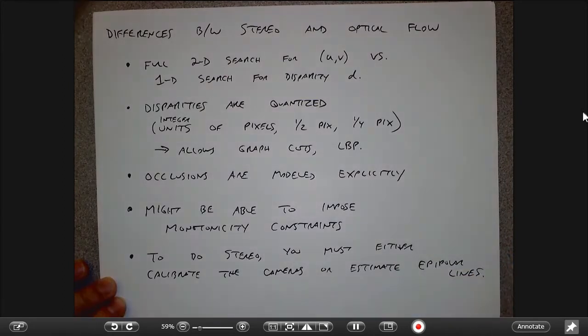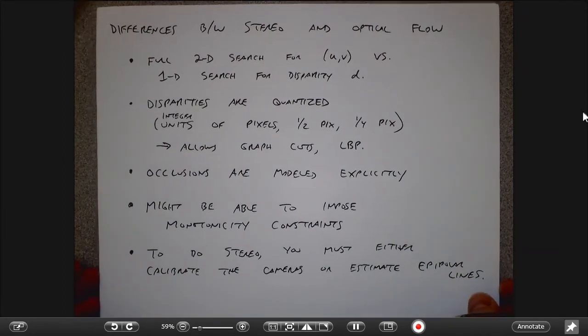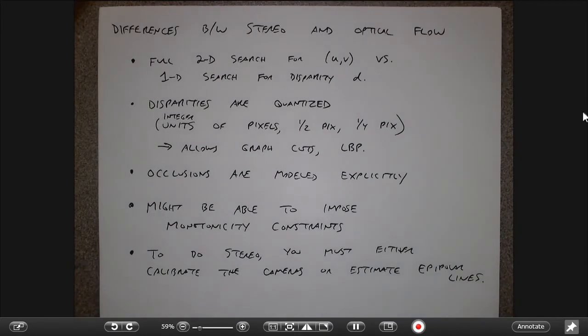What I mean by that is that when I do an optical flow algorithm, fundamentally I don't need to know anything about how the cameras that took the images were related. But for a stereo algorithm, I need to be able to rectify the images, meaning that I need to know where these epipolar lines are in the first place. We talked last time about how you could do that. If I had a bunch of point correspondences, how do we estimate the fundamental matrix? And the fundamental matrix gives us the epipolar lines.